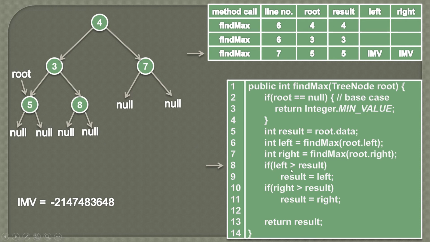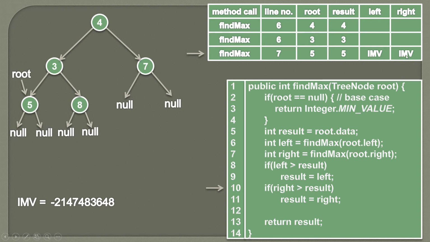Here we'll check whether left is greater than result or not. Left value is the minimum value of the integer. So this condition comes out to be false, because value of left is integer's minimum value and result value is 5. So 5 is greater than left. We'll check whether right is greater than result or not.